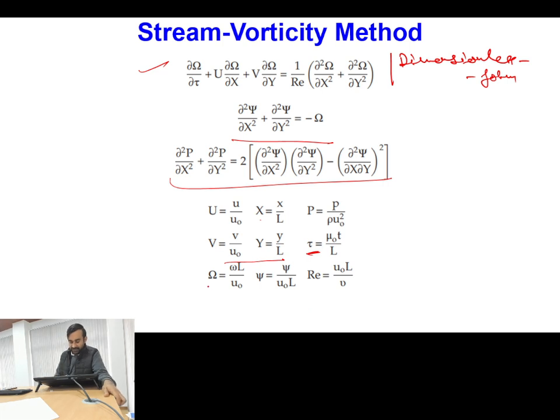Omega times L/U0 is the dimensionless vorticity, and psi/(U0 L) is capital Psi, the dimensionless stream function. In the first equation you will find a 1/Re term, where Reynolds number has the usual definition. So these are the equations now in dimensionless form.